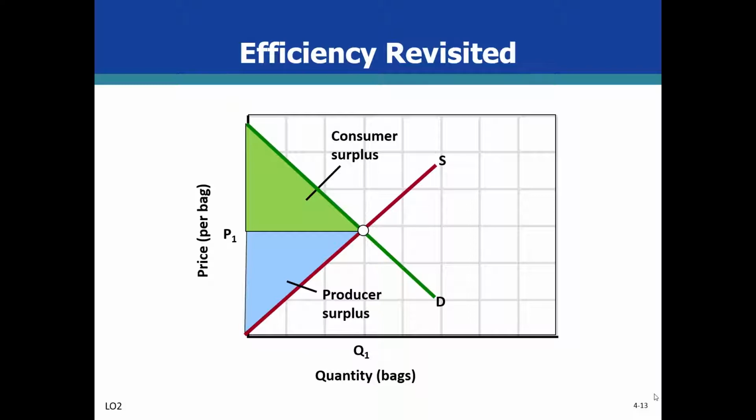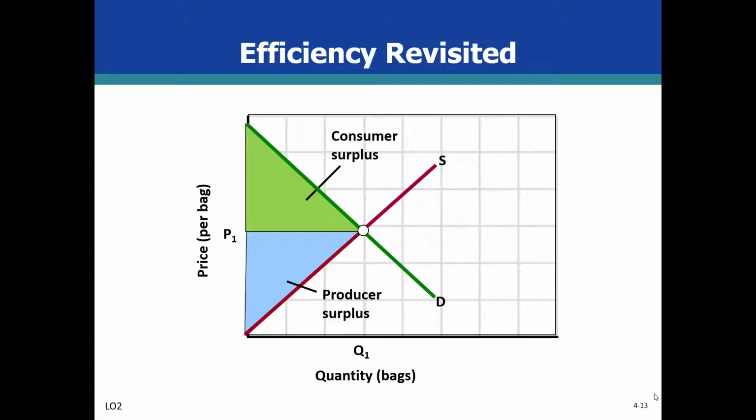We also know that we have efficiencies because the marginal benefits equal the marginal cost. We have previously learned that productive efficiency and allocative efficiency happen at the point of equilibrium, where the demand and supply curves intersect.